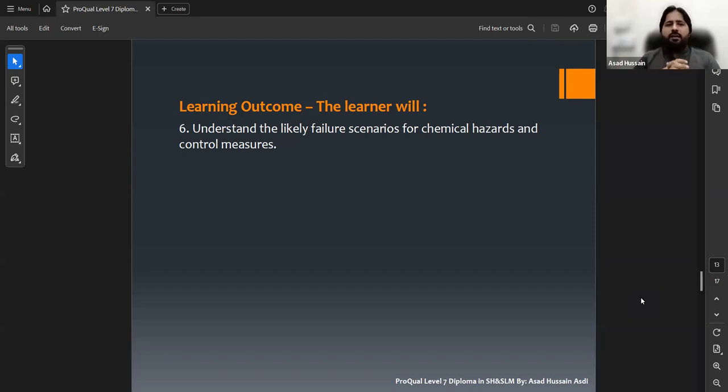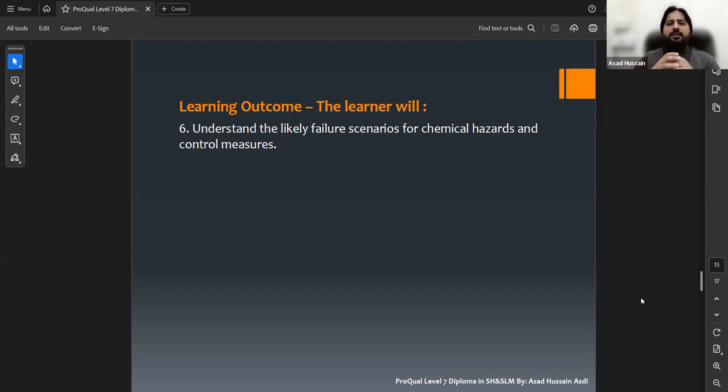Here, this learning outcome is about understanding the likely failure scenarios. Likely failure scenarios means failures due to incidents caused by chemical hazards.